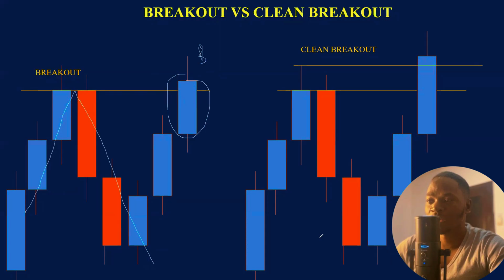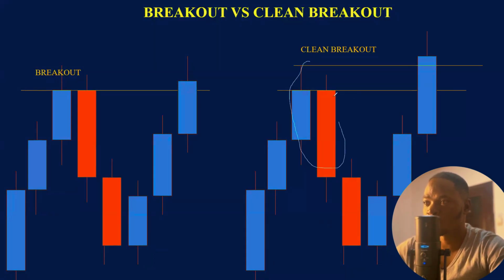So when can we term the breakout as a clean breakout? I will call it a clean breakout when price is able to close above the highest wick of the two candles. Two candles are forming the resistance or the SNR level. When price closes above the SNR, yes, that's a breakout.